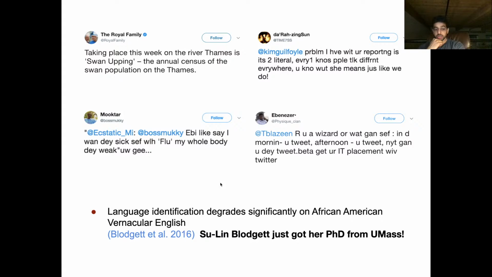So one of the PhD students in the UMass NLP group who recently graduated, Sulin, had a research project on examining existing language identification models on African American vernacular. And she found that these systems degrade considerably when you give them tweets that are written in AAE.